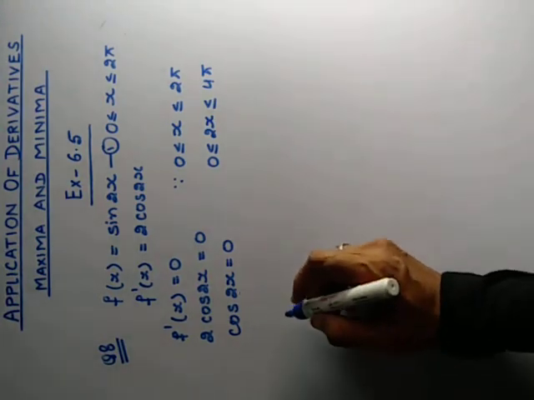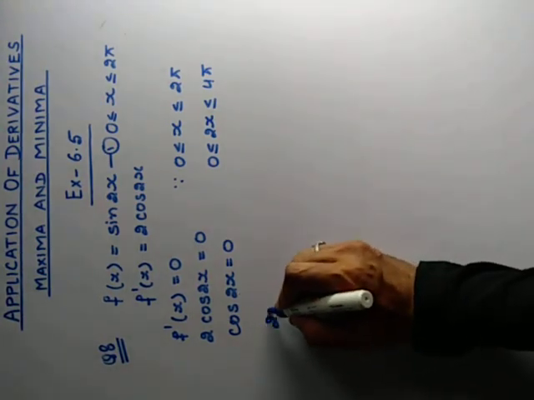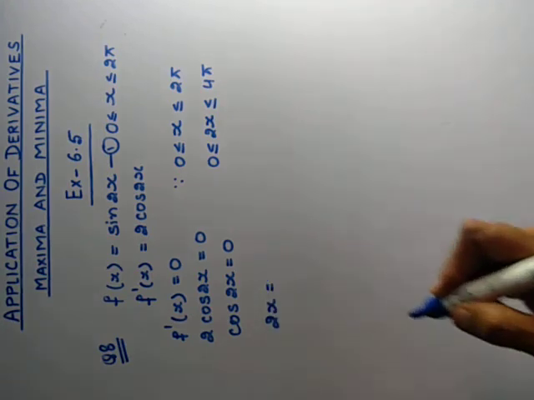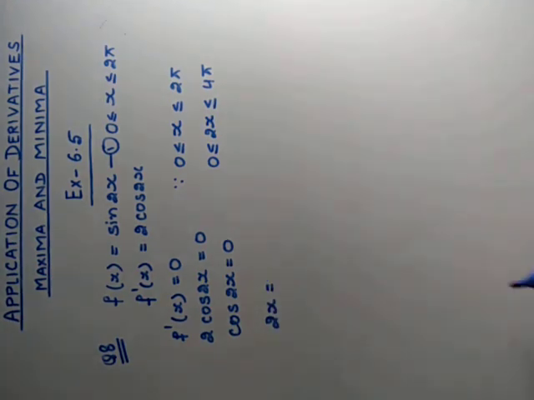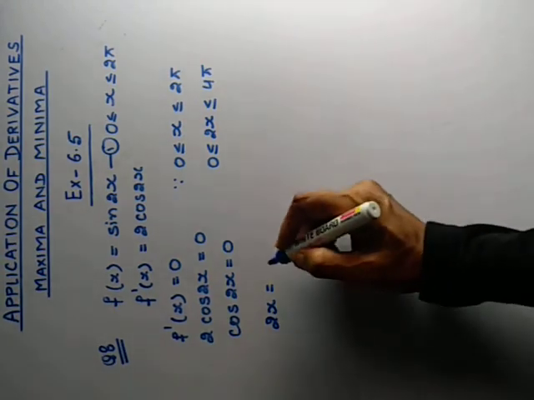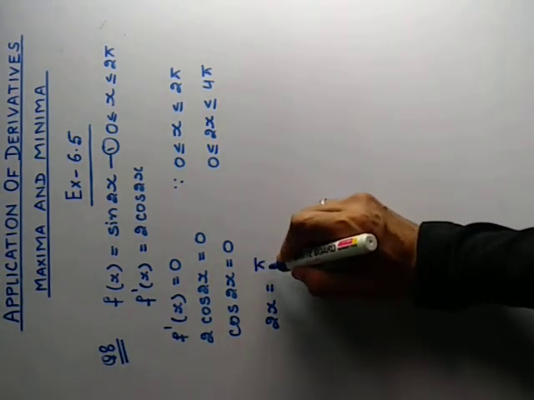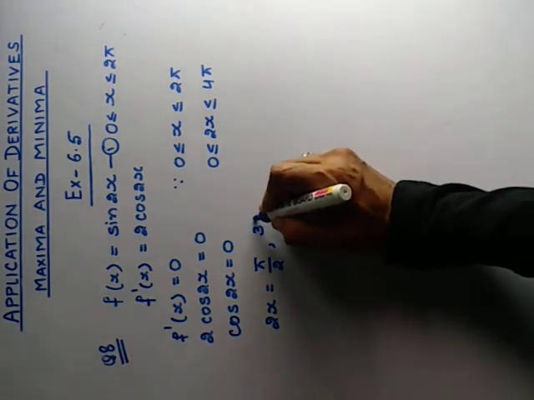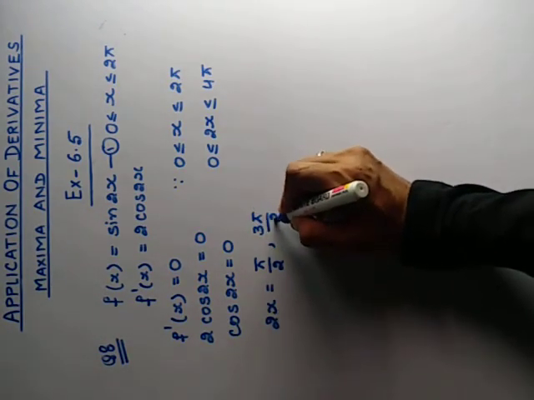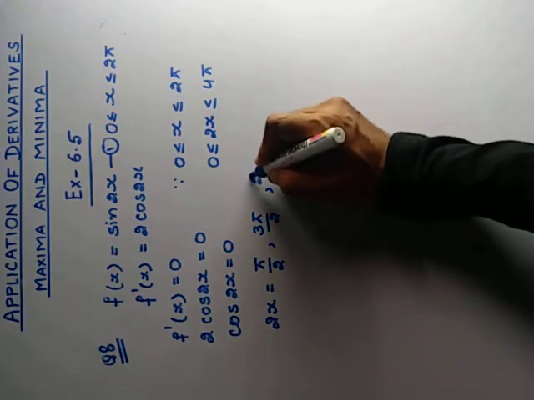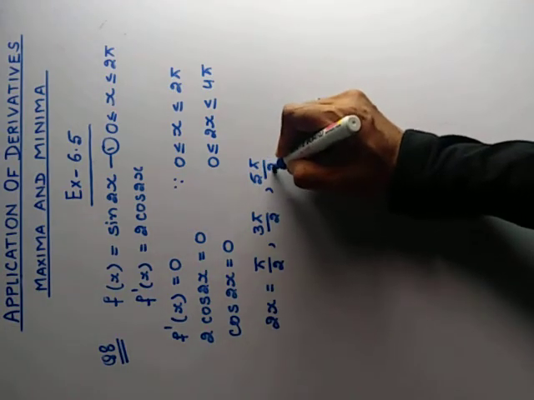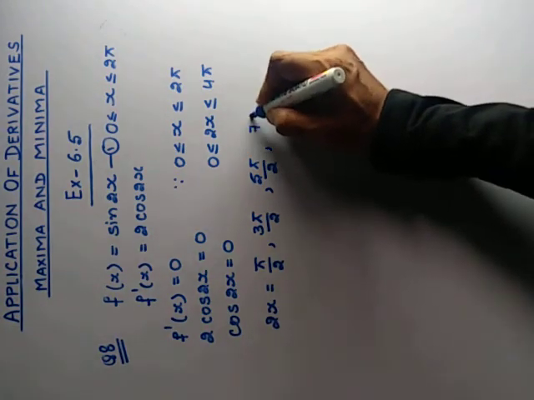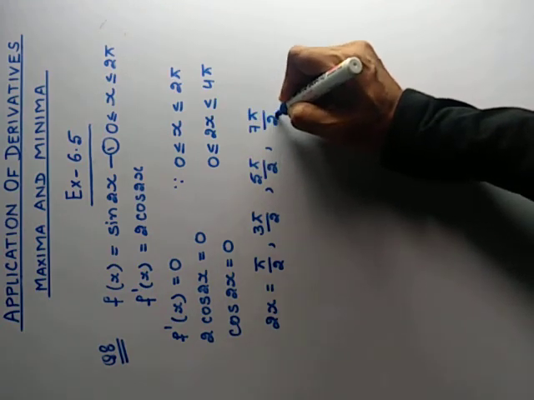So cos 2x equals 0. The values of 2x between 0 and 4 pi are pi by 2, 3 pi by 2, 5 pi by 2 and 7 pi by 2.